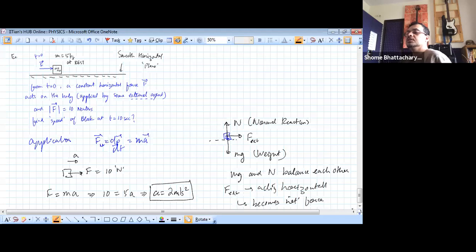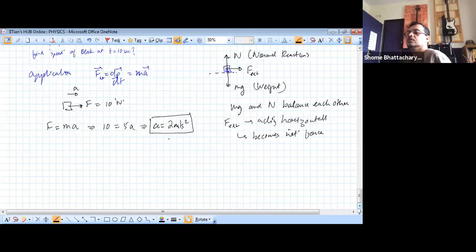And of course, here that will be a uniform acceleration, because the force we are applying is constant. Therefore this acceleration that we are getting of 2 meters per second square along the x-axis is a uniform acceleration.